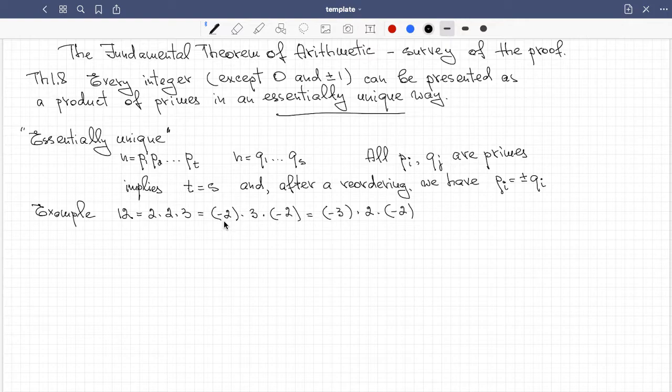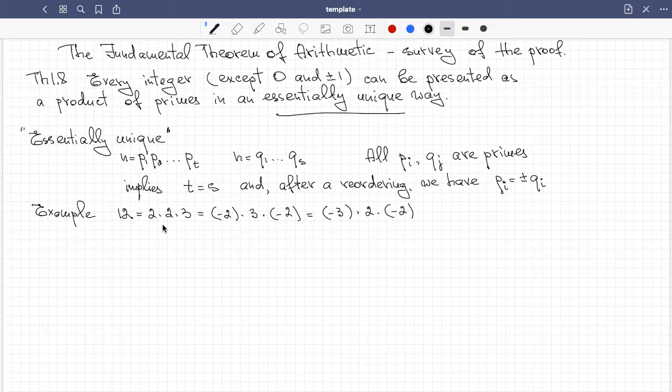They match and they are the same. So all these presentations in a sense are different, but I would say they are essentially unique. This is what kind of uniqueness we consider. It means that all presentations are essentially the same.